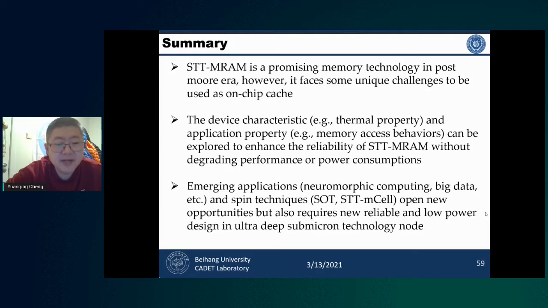Of course, there are many emerging applications and they require new spin techniques. But this combination also opens new opportunities and requires new reliable and low power solutions for more efficient non-volatile memory system design.